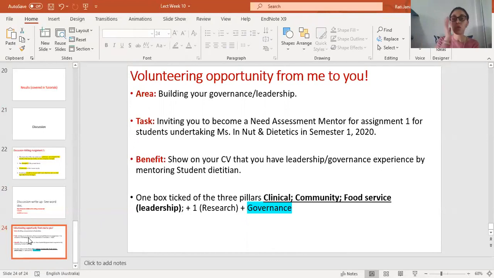Guys, I just wanted to let you know that, just like how you have a couple of students this year as your mentors who were Master of Nutrition and Dietetics first semester students last year, similarly, if you're interested in becoming mentors as part of the Need Assessment Mentoring Program next year, once you are in your senior year and in your placements, please approach me in December, because that is when I start allocating topics.